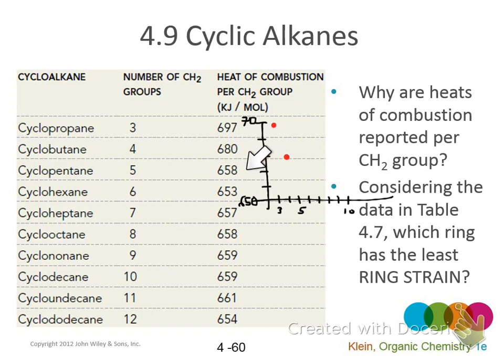Cyclopentane is around 660. Cyclohexane is 653, so it's about 650. And then what happens?